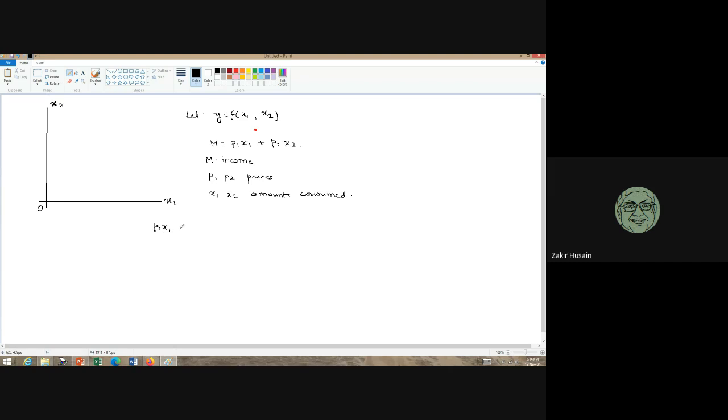This is the expenditure on the first commodity. This is the expenditure on the second commodity, right? So if we add the two, we get the expenditure by a consumer.